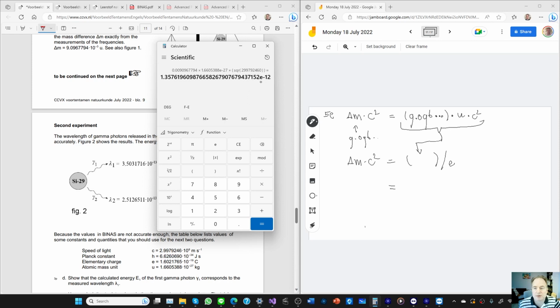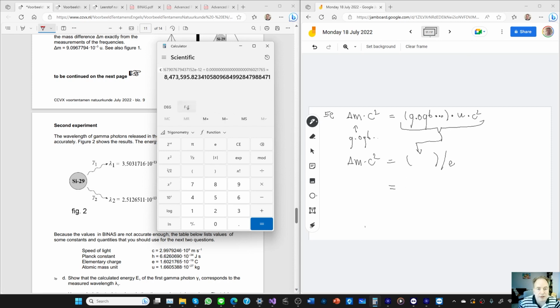And now I'm going to divide by, yeah, this would be the answer in joule, the elementary charge here. So this divided by 1.6021765.